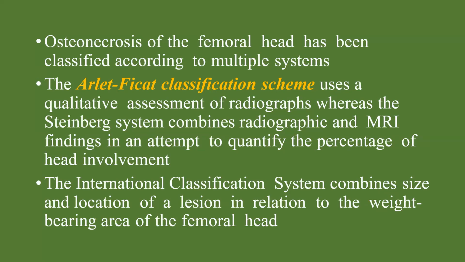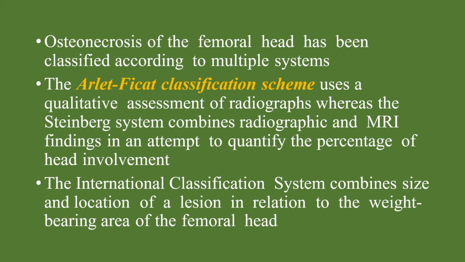Osteonecrosis of the femoral head has been classified according to multiple systems. The Arlet-Ficat classification uses a qualitative assessment of radiographs, whereas the Steinberg system combines radiographic and MRI findings in an attempt to quantify the percentage of head involvement.